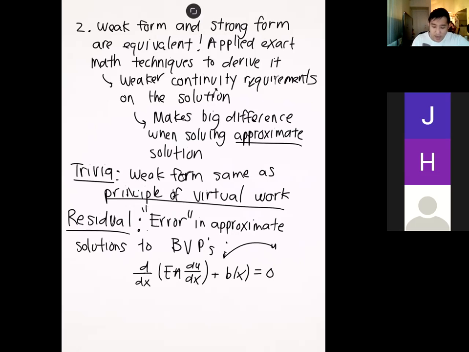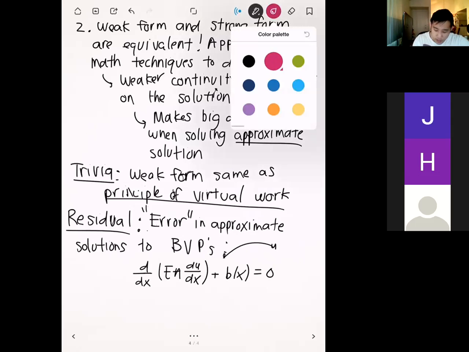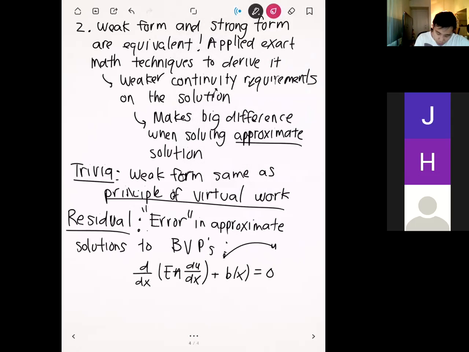But if we had an approximate u, maybe say that we get this from a finite element method, and we plug this in, then this is not going to be equal to 0. It's going to be something else because the solution that we found is only approximate, it's not exact.